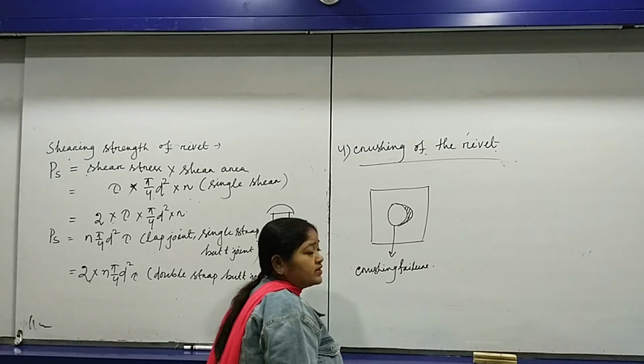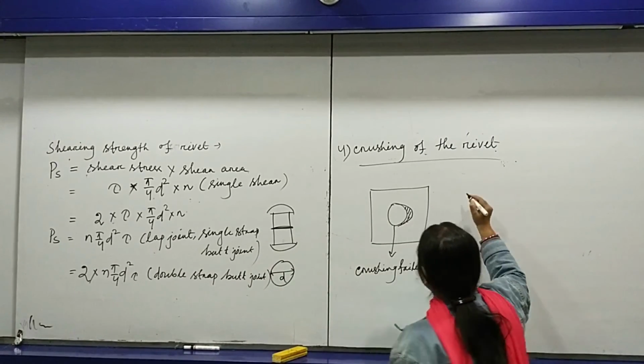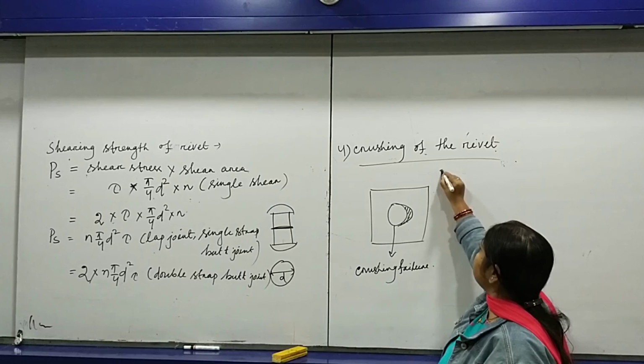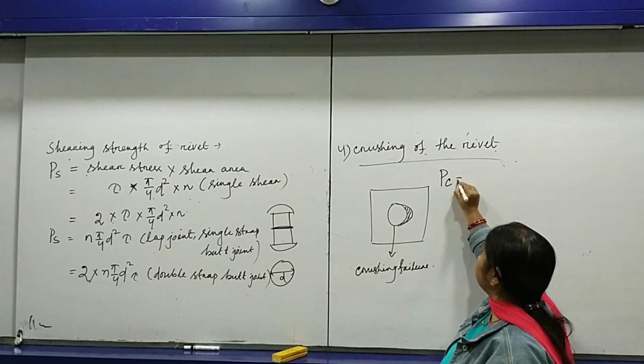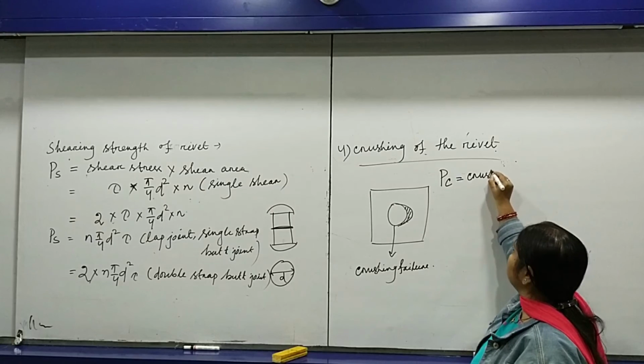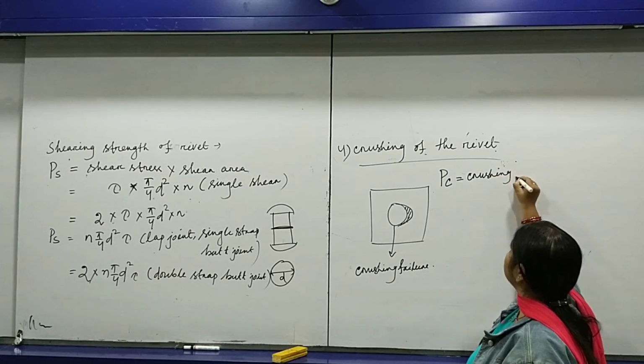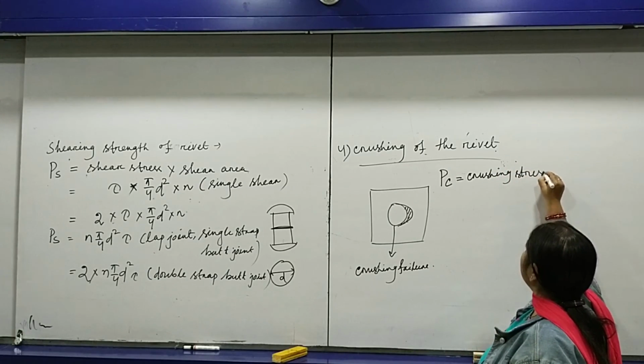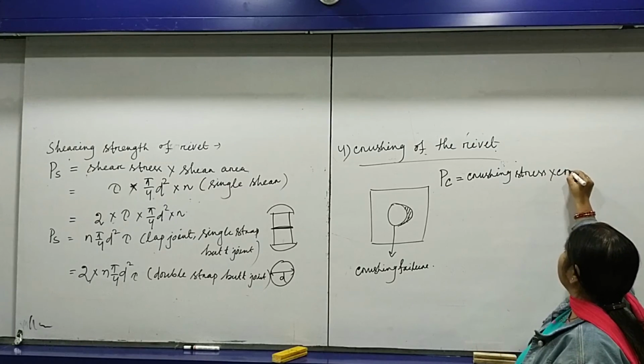Right? For crushing failure, how will we calculate the crushing strength? Crushing strength is denoted by PC. PC is equal to crushing stress into crushing area.